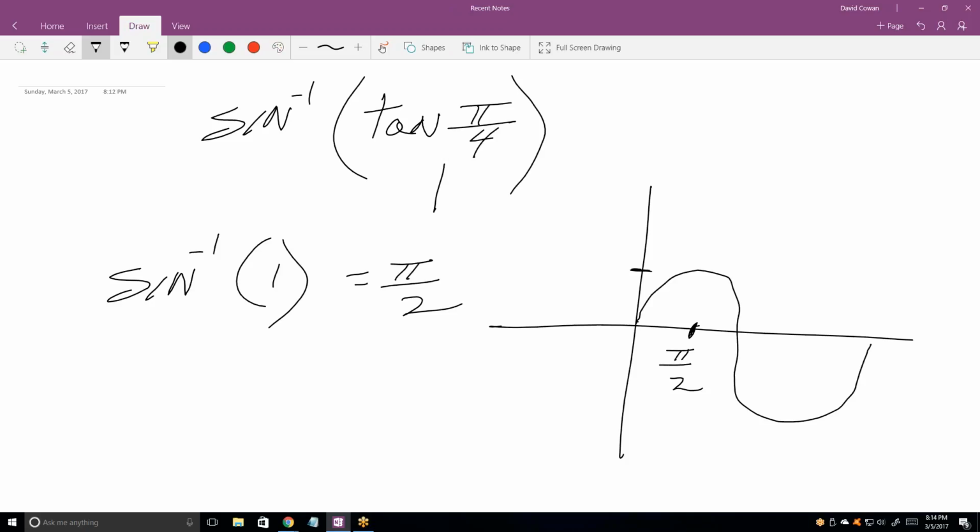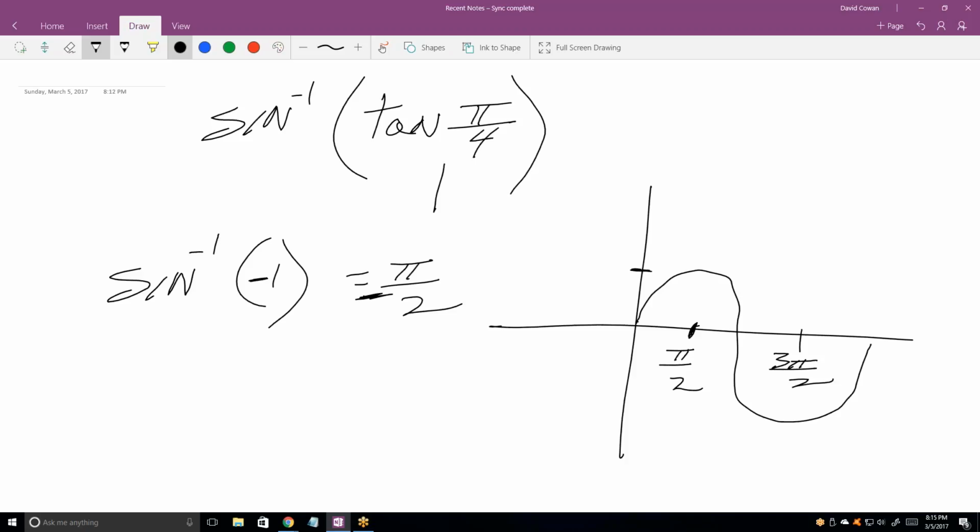Now, if this was a -1, then the answer would be negative pi over 2. And that's an interesting distinction, actually. Notice why the answer is negative pi over 2 and not 3 pi over 2.